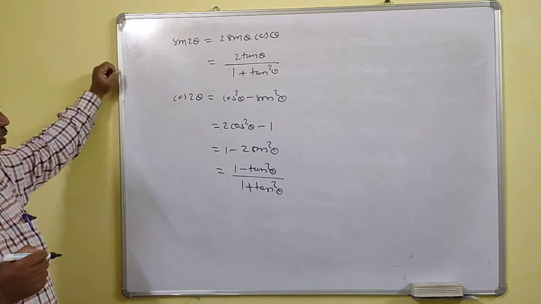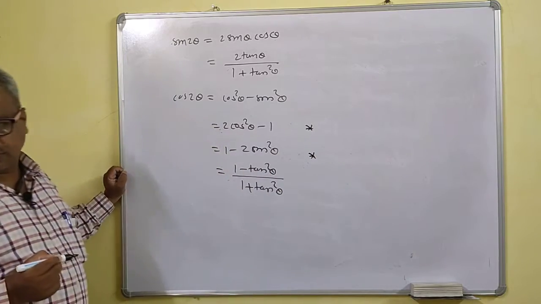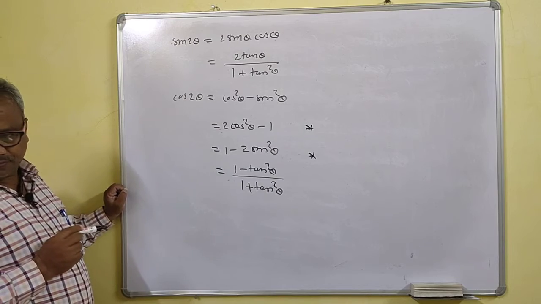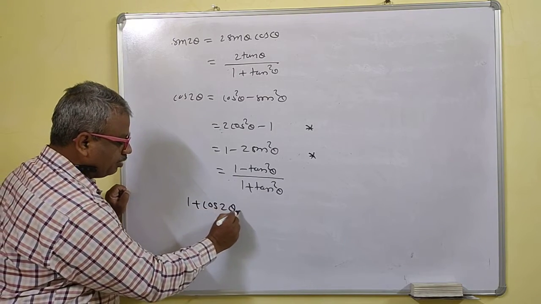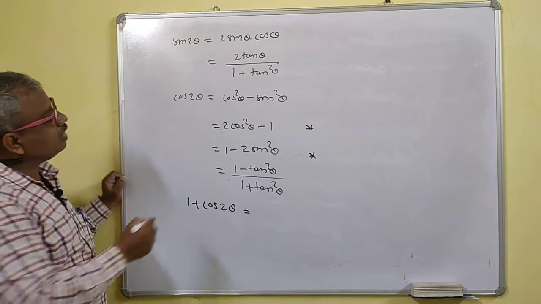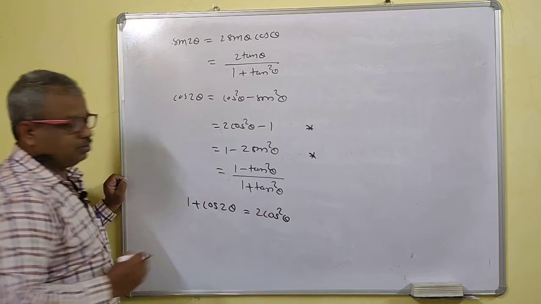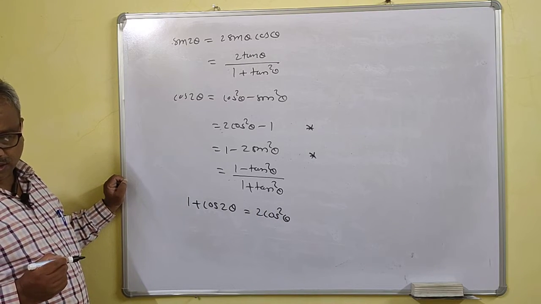Now see, from this one and from this one, we'll shift the 1 to this side. So what we get there is 1 plus cos 2 theta equal to 2 cos square theta. Right?